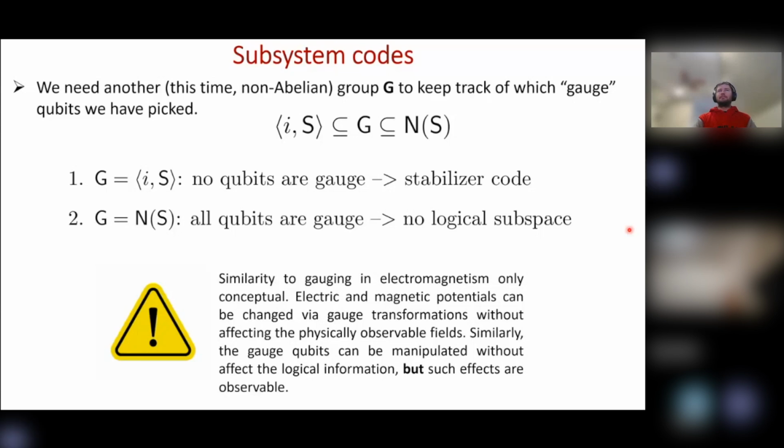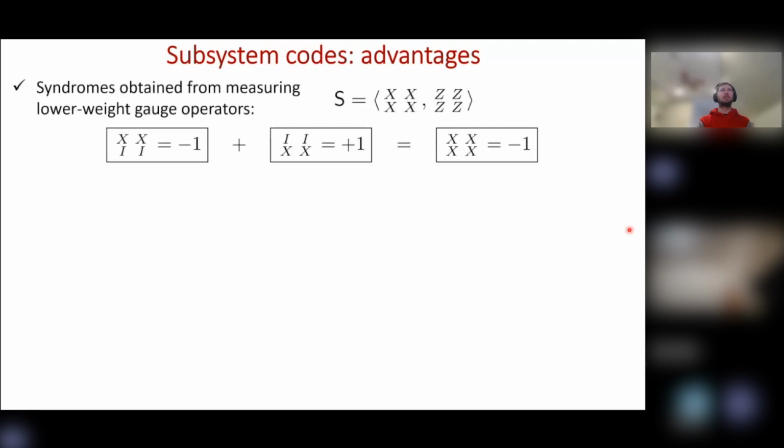Okay. So subsystem codes have some advantages. One of the early advantages that people noticed was that, well, now you have your gauge group, and the stabilizer group is a subgroup of it, and sometimes you can cook up codes where the gauge operators can multiply to give you stabilizer operators.